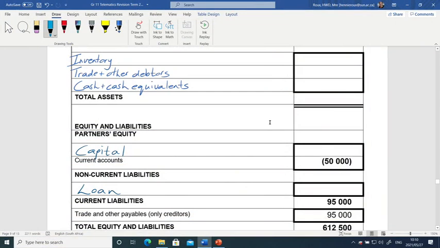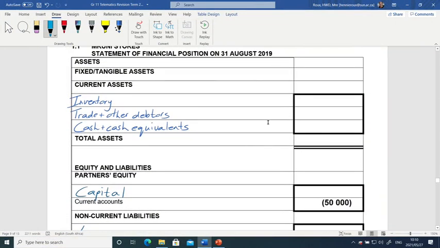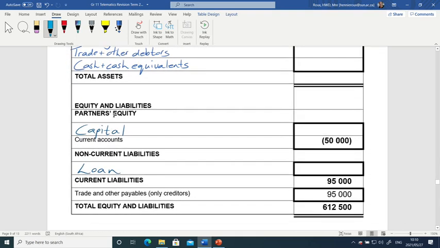So let's start. First step, obviously, format. I think I already said, you will remember after the session, format. You must study your formats. Current assets: inventory, trade and other debtors, cash and cash equivalents. Partners' equity consists of capital, current accounts, the current accounts already given, where the total is a debit balance, a minus bracket.